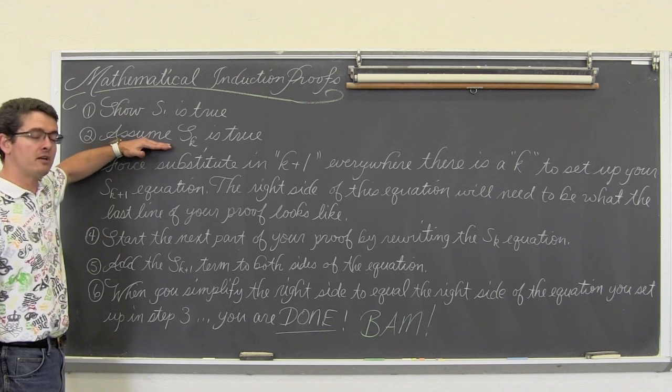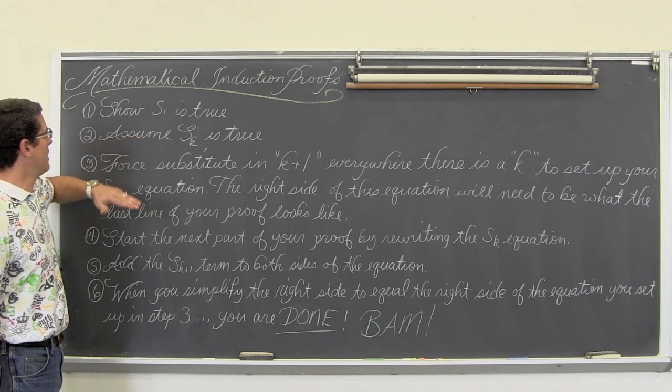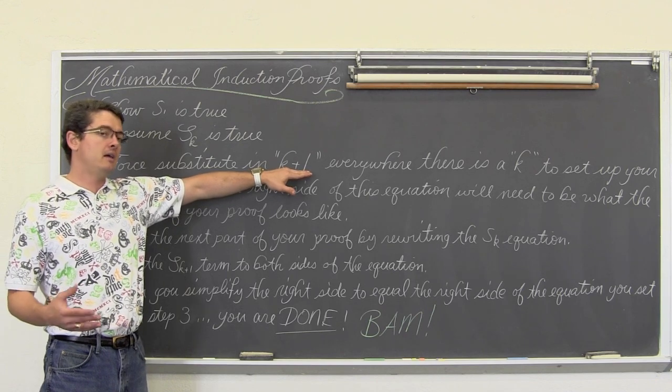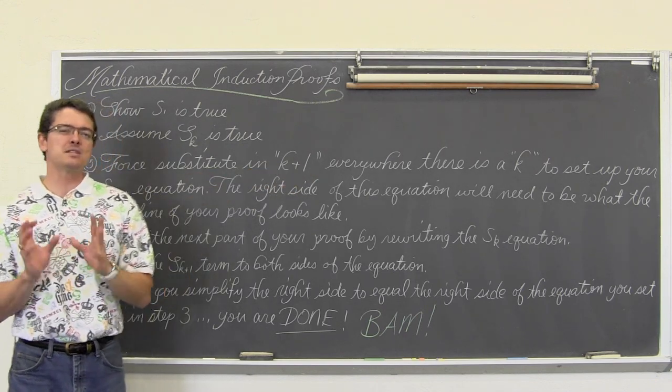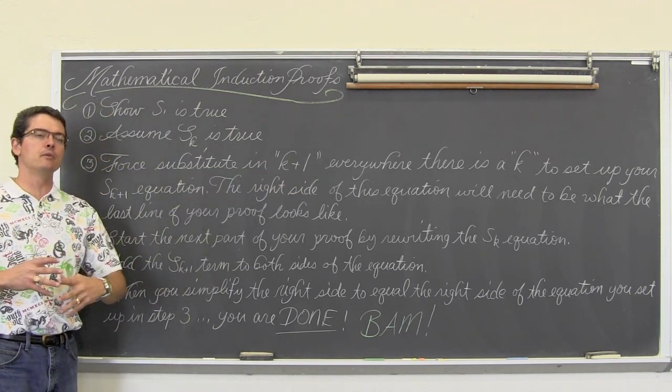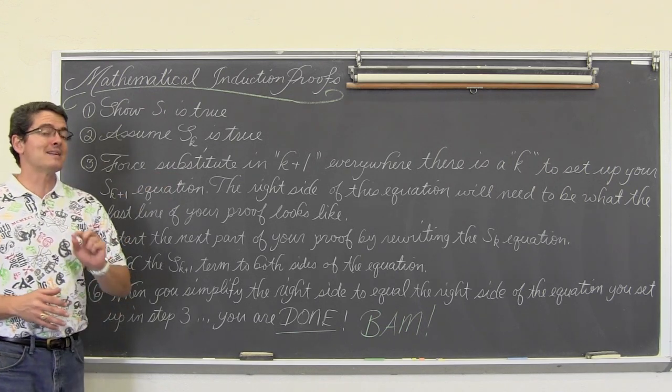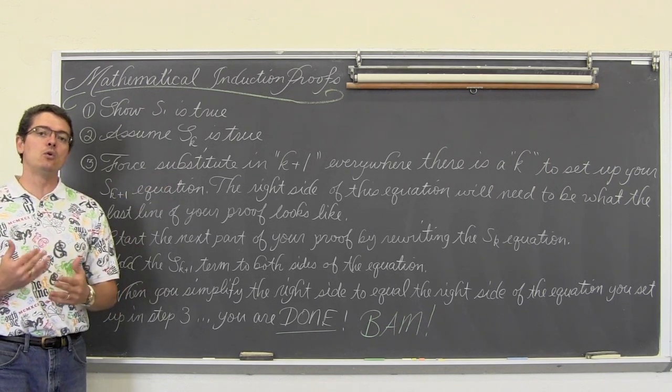We're going to assume the given equation or statement is true, and then we're going to substitute in k plus 1 everywhere there's a k. And that's not really part of the proof, but it is going to show you what the last line of your proof should be, so you know what goal you're working towards.